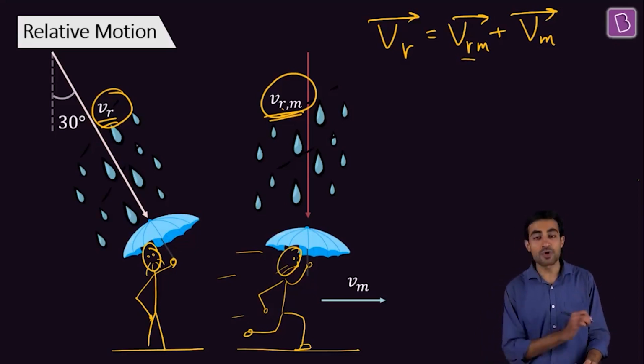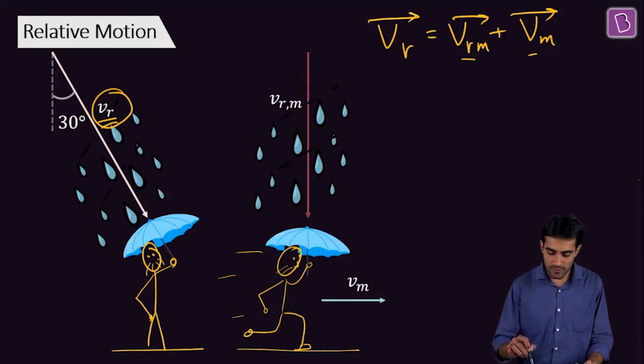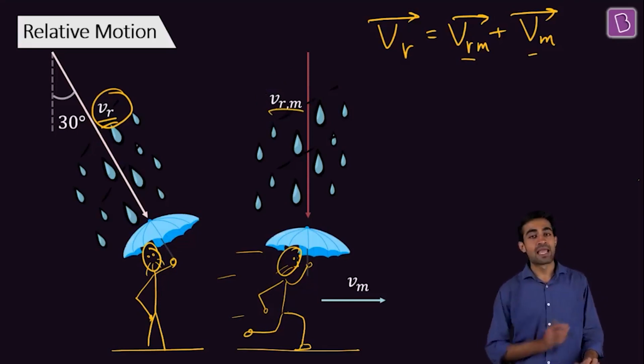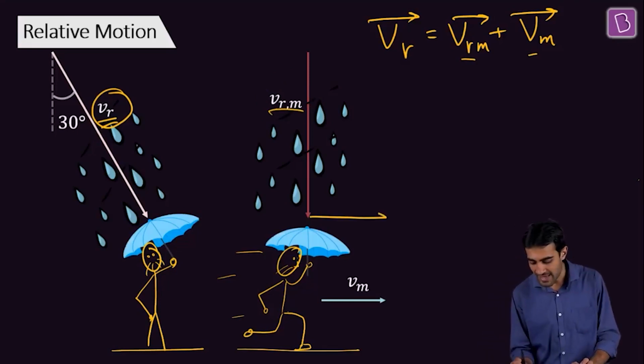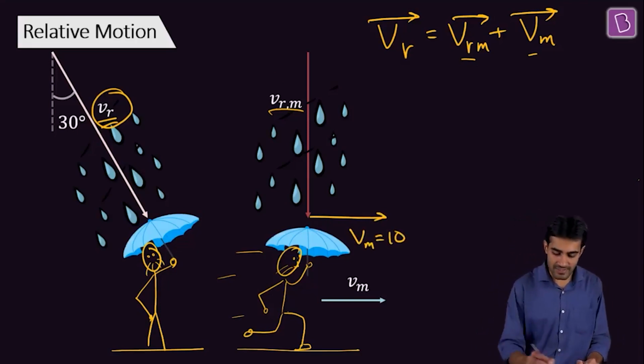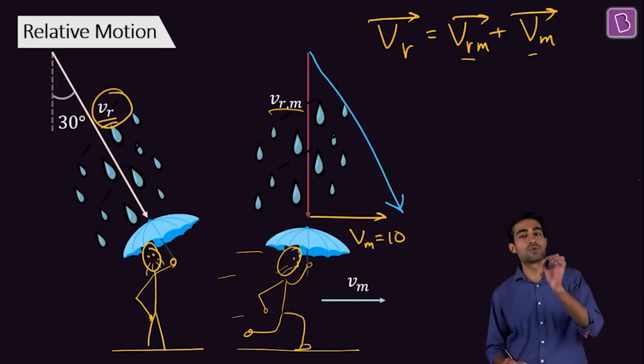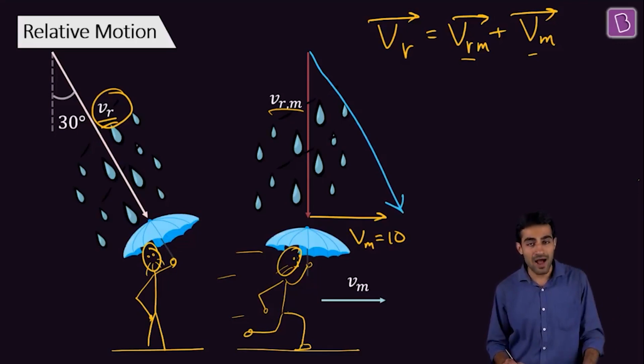Let's add velocity of rain with respect to man to velocity of man himself. So this is velocity of rain. We can see it over here. And velocity of man is like this. This has the magnitude 10. Now the sum of these two vectors will give us the final third vector.